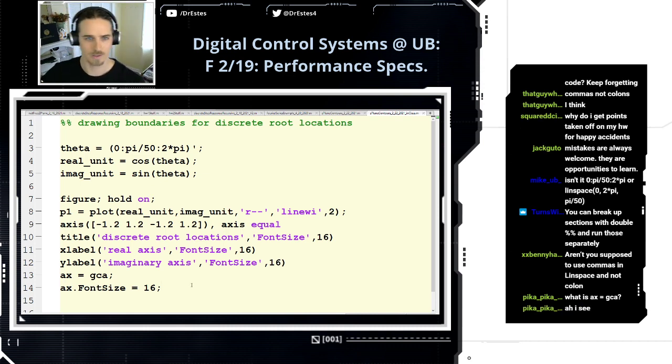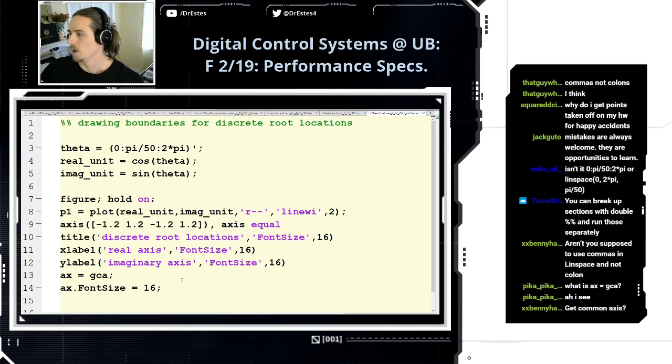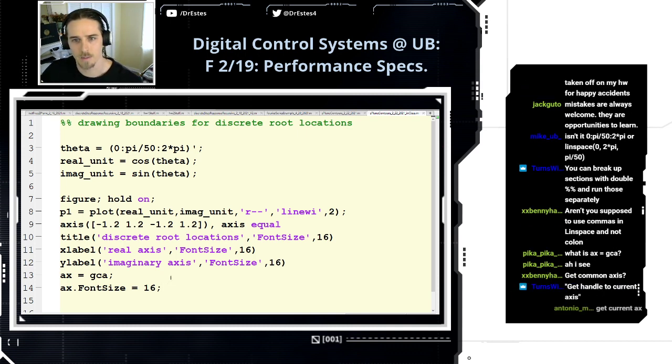Advanced plotting. Okay, get common axis. Get handle to current axis. Okay, that's what it is. Get current axis.